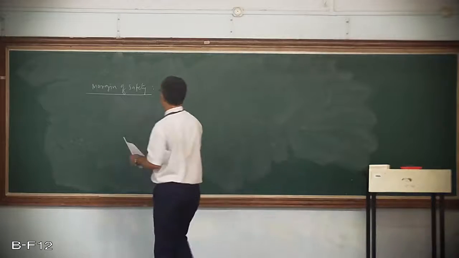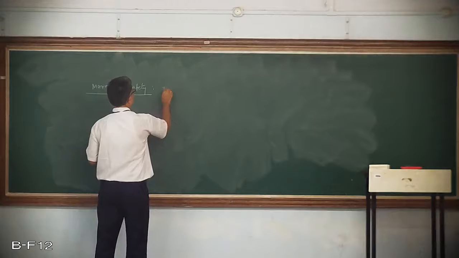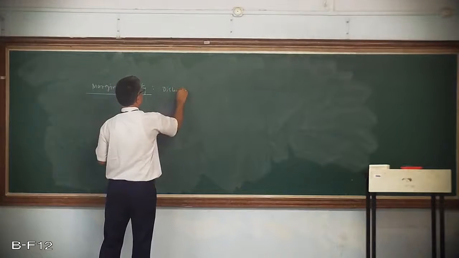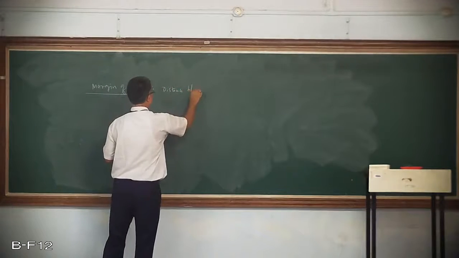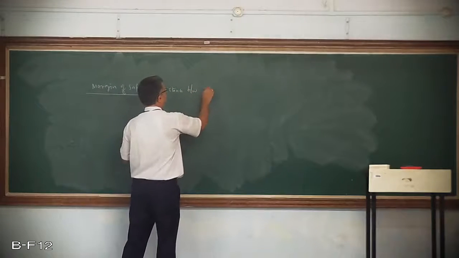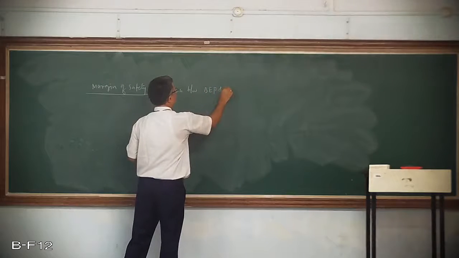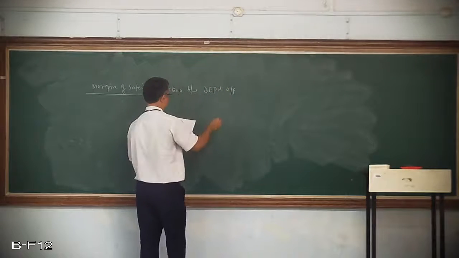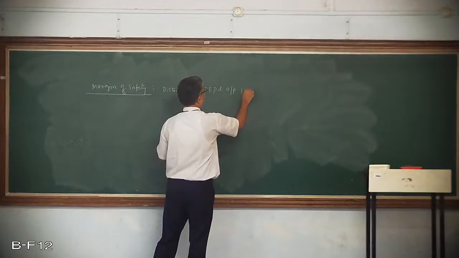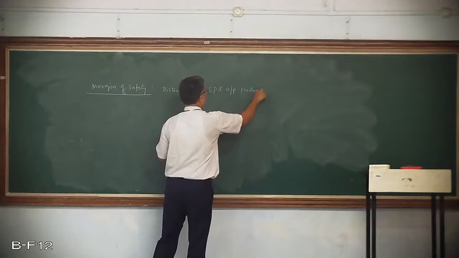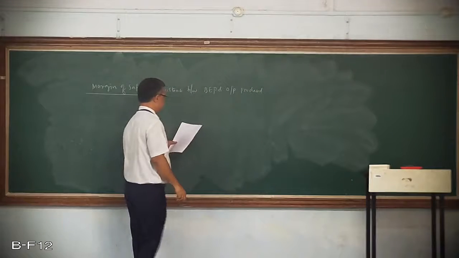You can say it's the distance between break-even point and output being produced. That is the margin of safety.